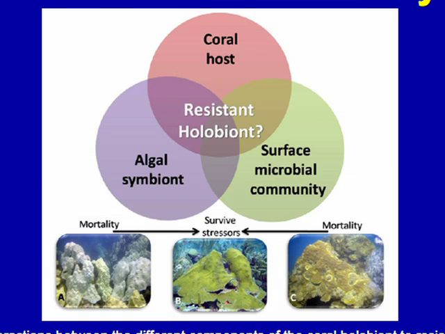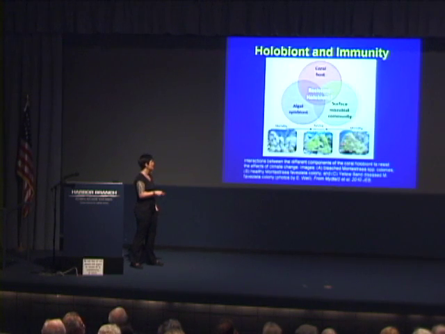Having a balanced system creates a healthy holobiont. When stressors come in, they can disrupt this balance, and depending on the resistance of the holobiont, either thrust it into mortality through bleaching and or tissue loss, or into mortality through disease infection, which chews up and degrades tissues.